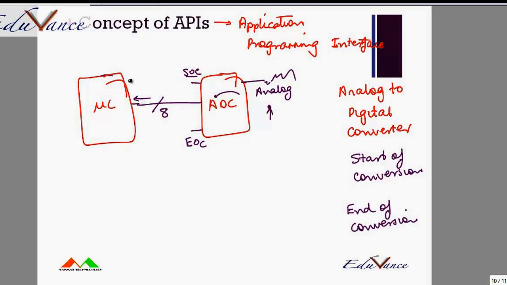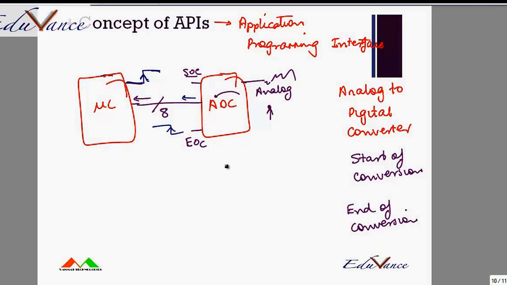For that, first my microcontroller gives a signal to my ADC which says SOC is high. My ADC will then start the conversion and then will say, okay, I am done with the value, please take this value.